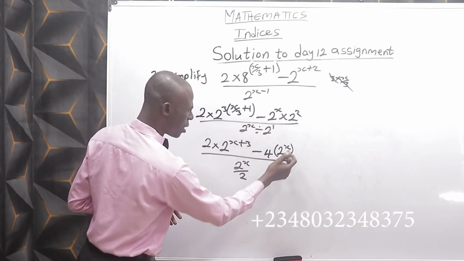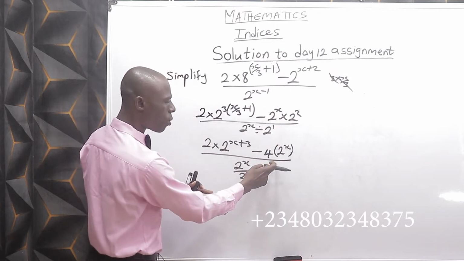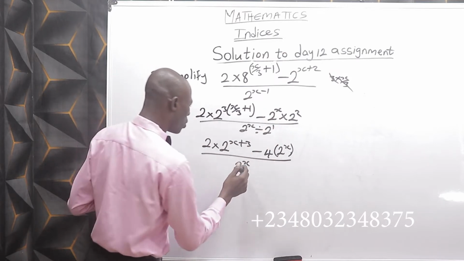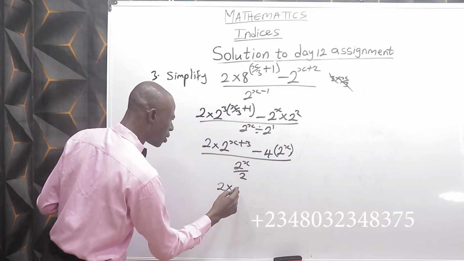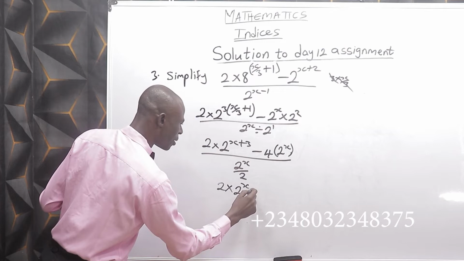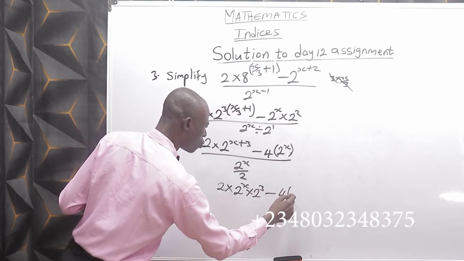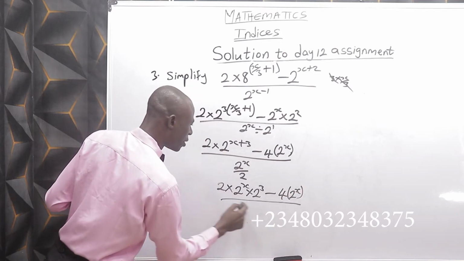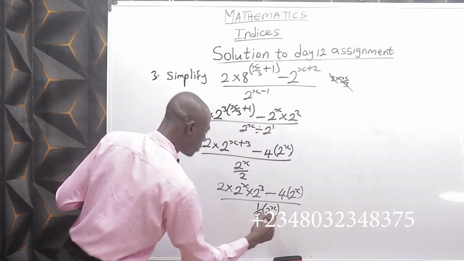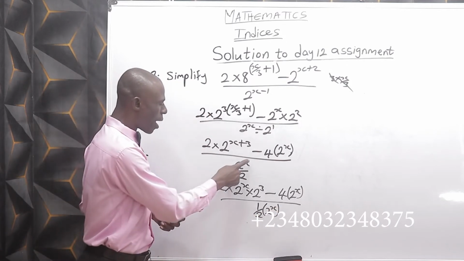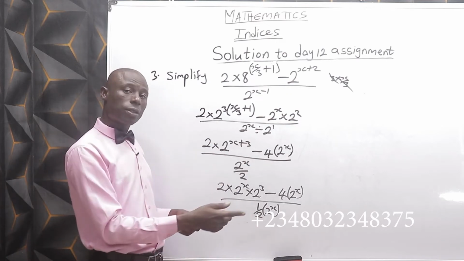Now, this is 2 raised to power 2, which is 4. 4 times 2 raised to power x, we have this. So, rewriting this as 2 times 2 raised to power x times 2 raised to power 3 minus 4 into 2 raised to power x divided by half into 2 raised to power x. 2 raised to power x over 2 could be written as half of 2 raised to power x.